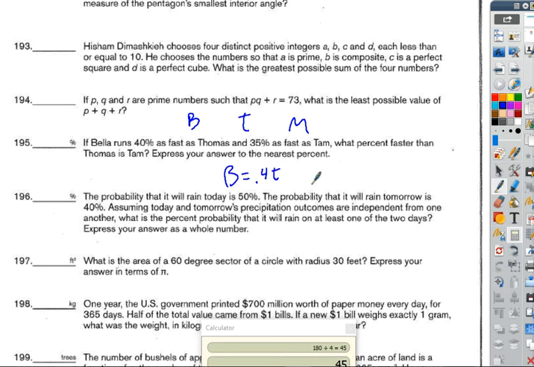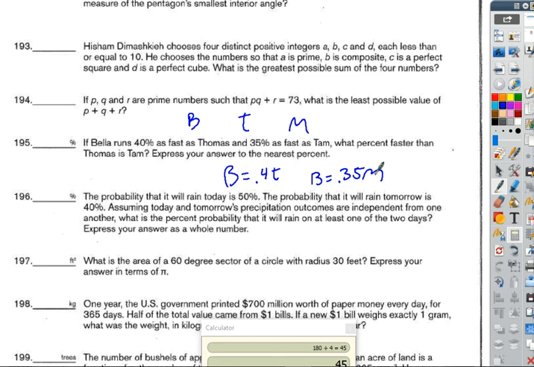And what else do we have? We have B is equal to 0.35 M. Why M? Because it says that Bella is, where is it? So Bella is 40% as fast as Thomas and 35% as fast as Tam. Why M? Because Tam is M. Because M is the last letter in Tam's name. All right.